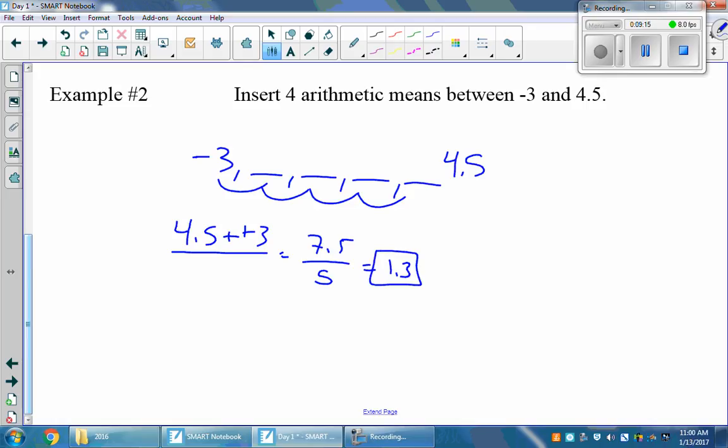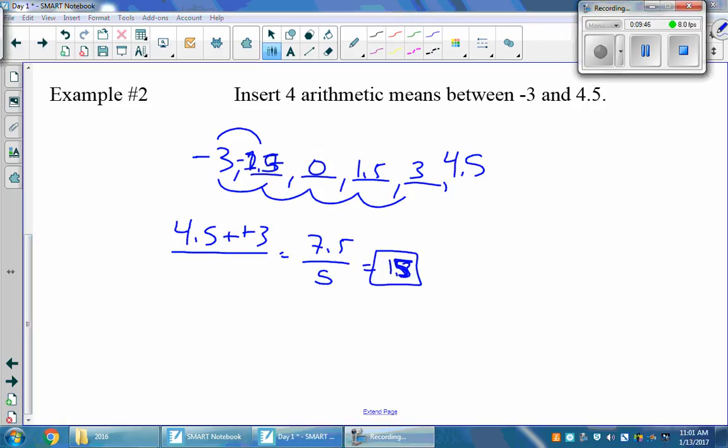Right, so then go negative 3 plus that, so we get negative 1.5. Mental math. So negative 1.5, 0, 1.5, 3, 4.5.